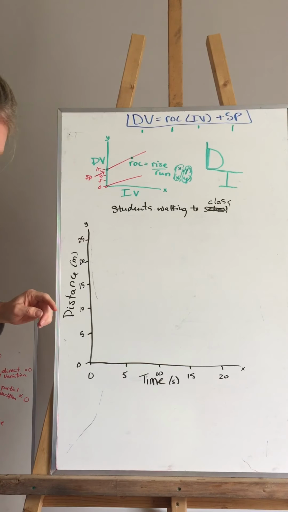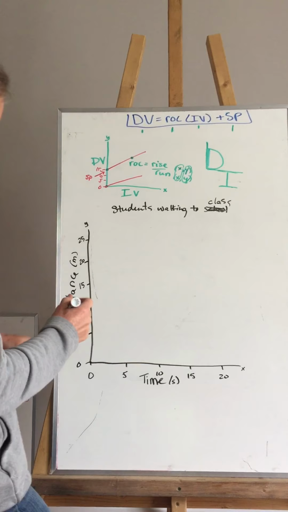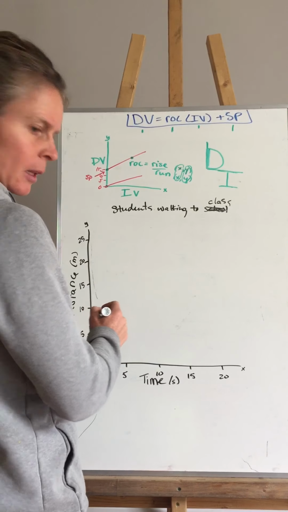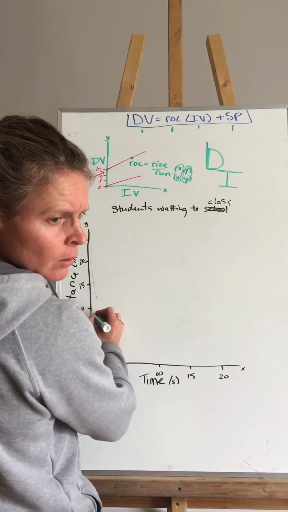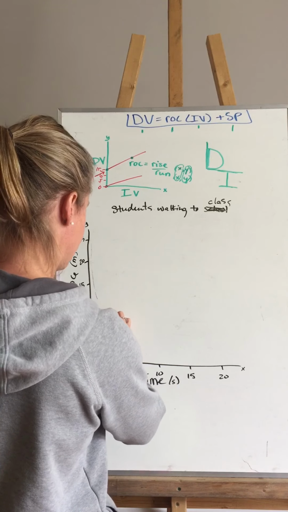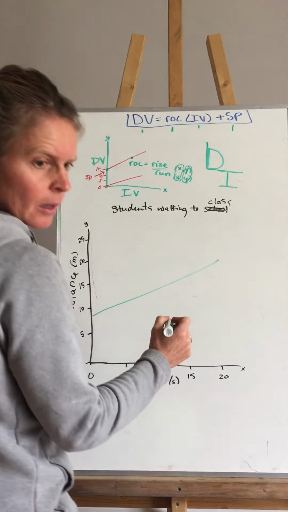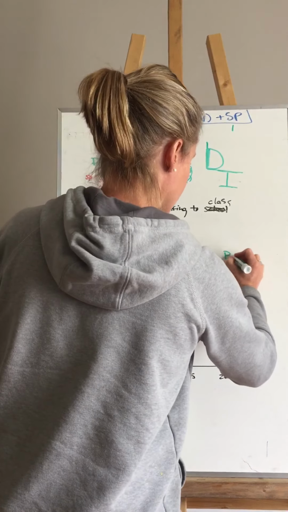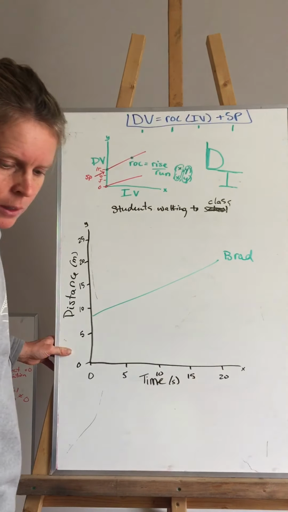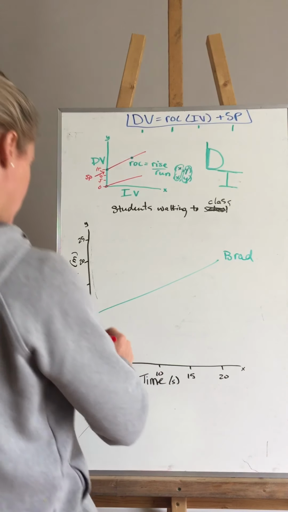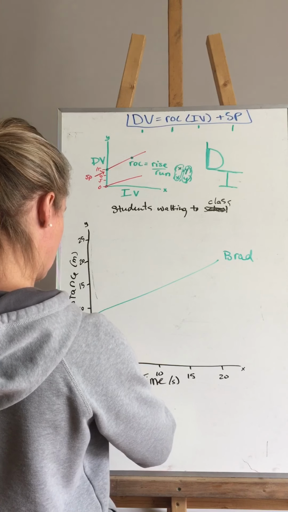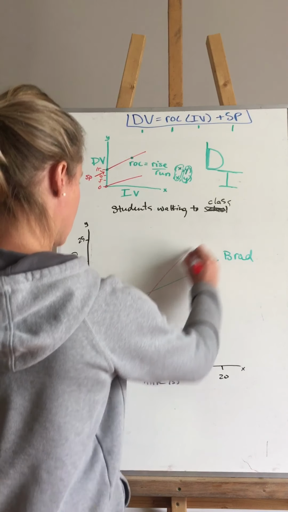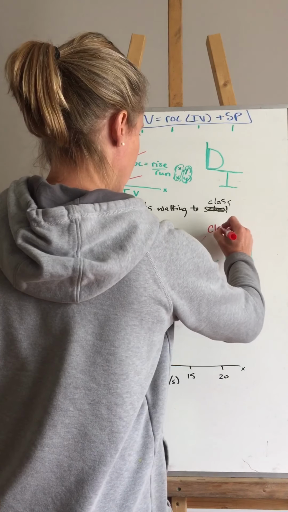Okay, walking to class, and we've got 2, so one goes something like this. It's gonna be a little tricky. Okay, and that one is Brad. And then we've got another line that goes something like that, and that is Claire.